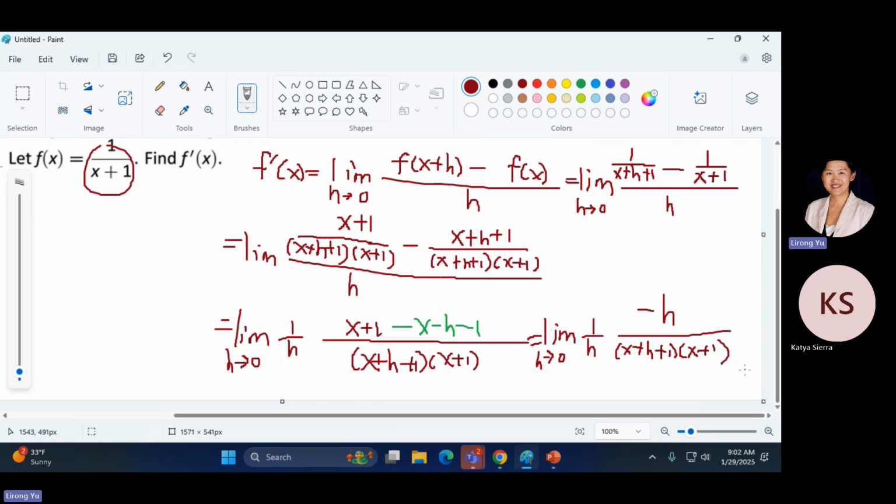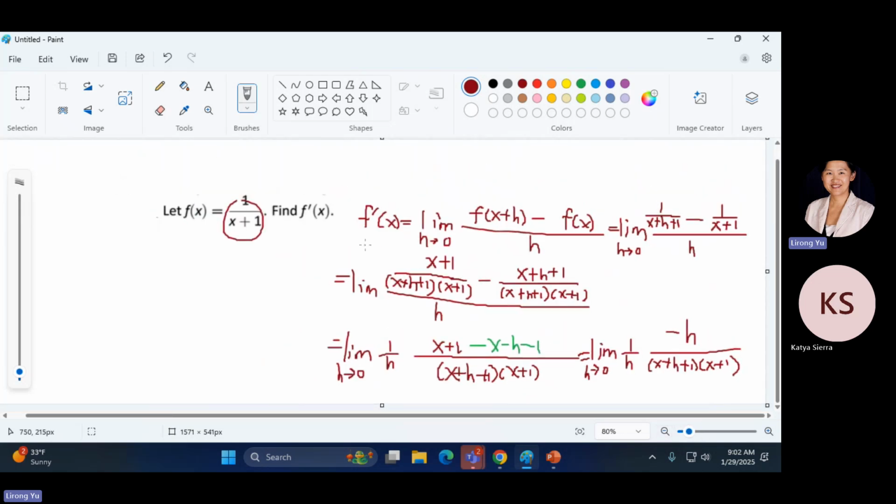Okay, so if we finish the subtraction in the numerator, we realize the numerator gets so much easier to handle. Everything that has no h is gone in the numerator. That and that cancel. You have a single h in the numerator, and that h will cancel this h. The h in the numerator cancels the h in the denominator. So now our fraction becomes this.